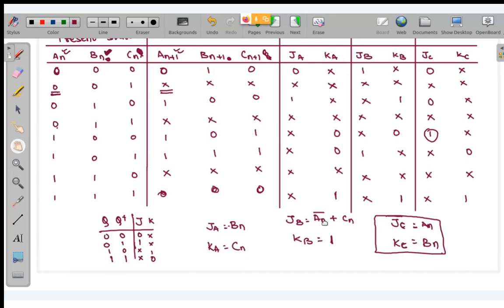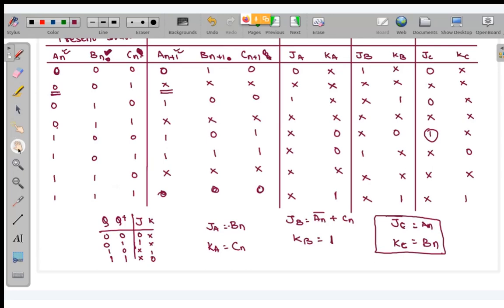We didn't do this in K-map for Boolean expressions. For JC, yes, and KC, yes. There are don't cares, so that is okay.